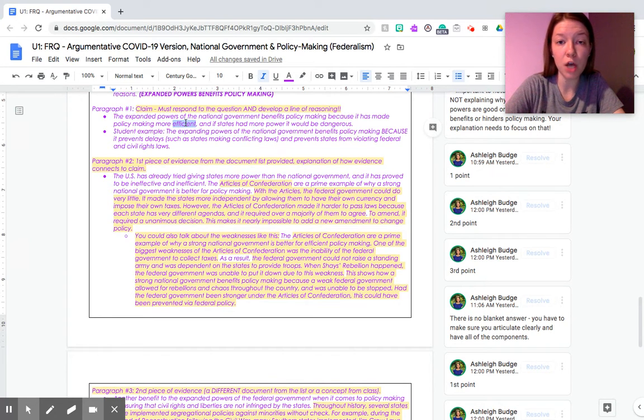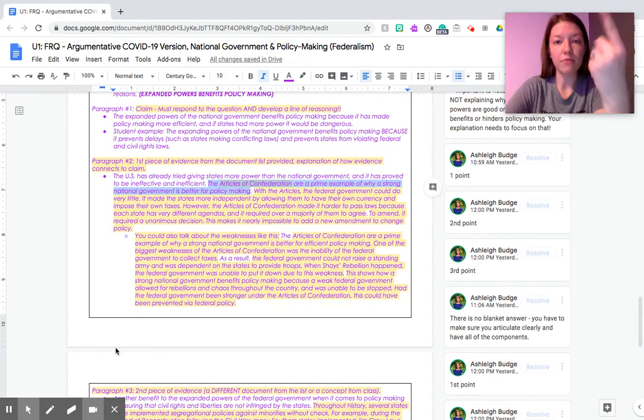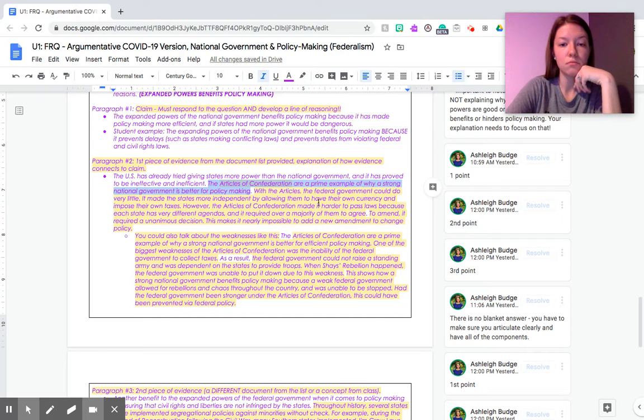I'm supposed to be talking about how this national government with its expanded powers makes policymaking more efficient. Then I introduce my evidence. The Articles of Confederation are a prime example of why a strong national government is better for policymaking. I've listed the document, and it's one that's been provided, and I connected it to my claim by saying that it's an example of why a strong national government is better or benefits policymaking. That's my first point.